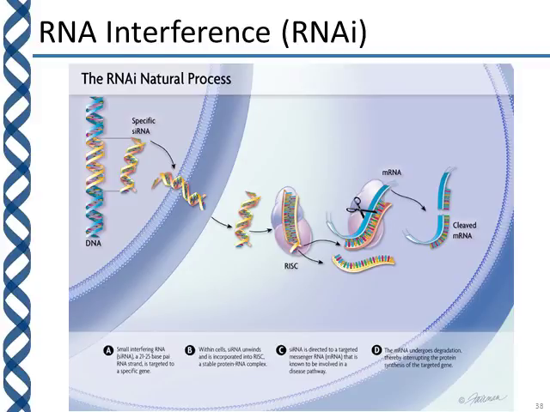C, the siRNA is directed to a target messenger RNA that is known to be involved in a diseased pathway. Then D, the messenger RNA undergoes degradation, thereby interrupting the protein synthesis of the targeted gene.